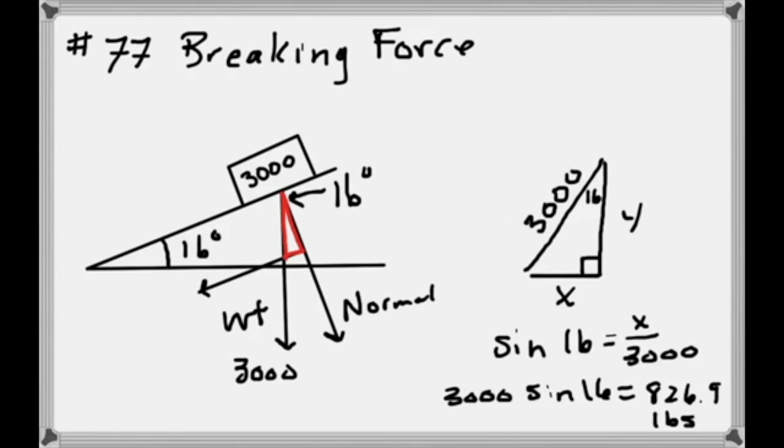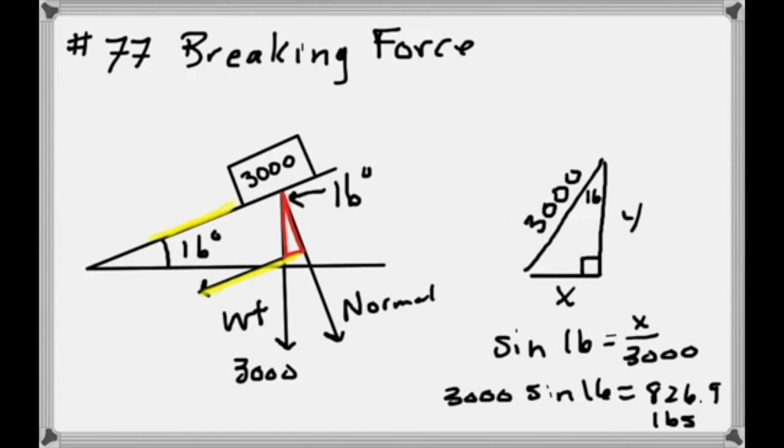So the force required is 826.9 pounds, which turns out to be, if I highlight the arrow, this arrow that we found, which is parallel to the ramp. So that's how we know that it's the same. And that's really all you would have to do to find this.